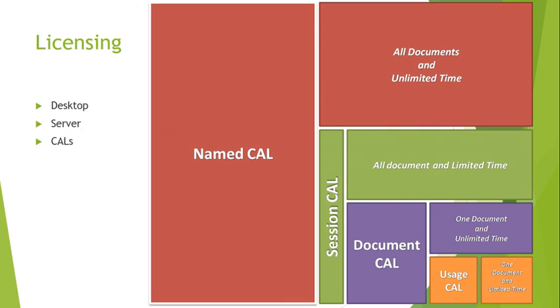And the third one is session cal. This is for all documents but for limited time. There is no assignment available for session cal, so you can't assign a session cal to a particular user. If a session cal is available and a user is logged in, he is able to see all the documents he has access to for 15 minutes.